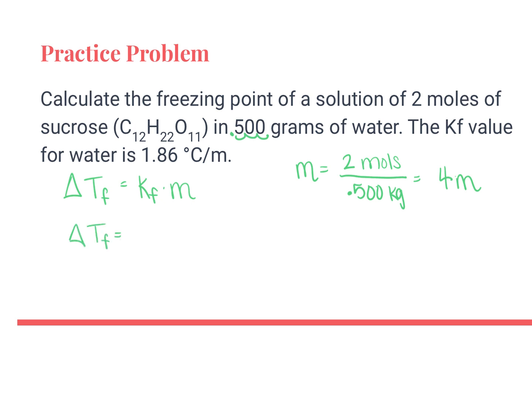Now we can plug our numbers in. Kf is 1.86 and our molality is 4. What's 1.86 times 4? 7.4.